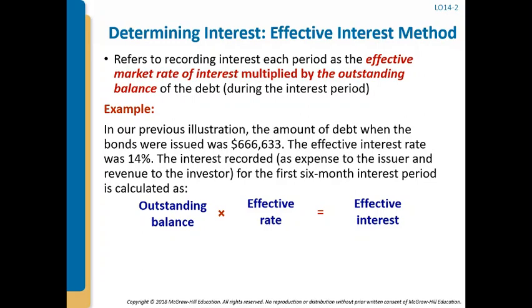You're paying $42,000 cash, so that's your credit. And you're also crediting discount on bonds payable for $4,664. Now in that second period, 12/31/18, the amount of the interest expense would be $46,991. You'd be crediting discount on bonds payable for $4,991, and then you would be crediting cash for $42,000. Okay, so that's the way it's going to work.